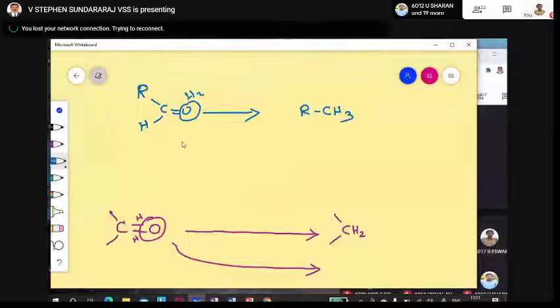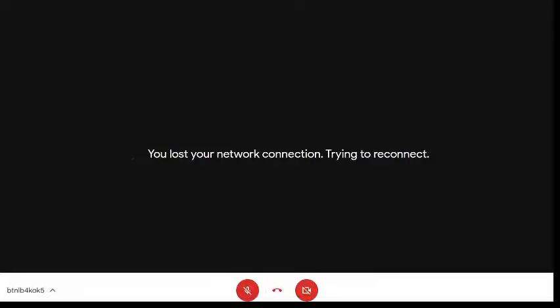Okay, so now what is it? One is Clemmensen reduction, first one, and another one is Wolff-Kishner reduction. Clemmensen reduction, what is that?